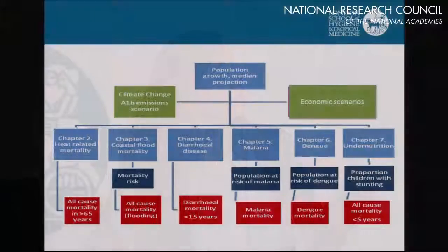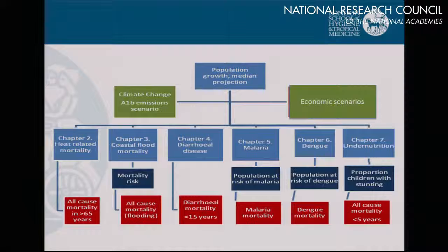And as said previously by John, this row here is your exposure mapping, your vulnerability mapping, which we are better at, okay? But this step, going from mapping the malaria distributions, the dengue distributions and mapping stunting, we have some confidence in it.